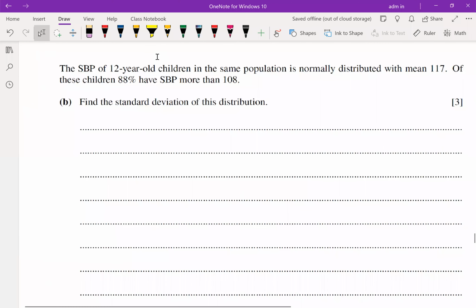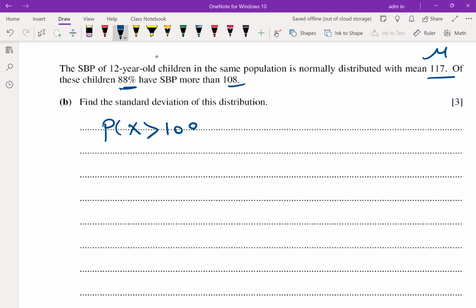The SBP of 12-year-old children in the same population is normally distributed with mean 117. Of these children, 0.88% have SBP more than 108. The probability of X more than 108 is equal to 0.88.